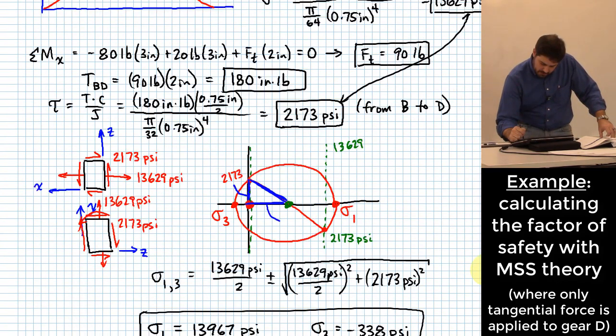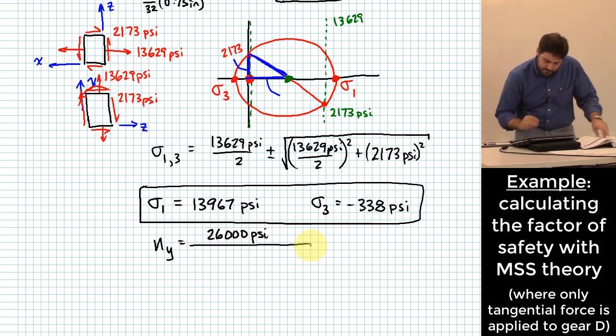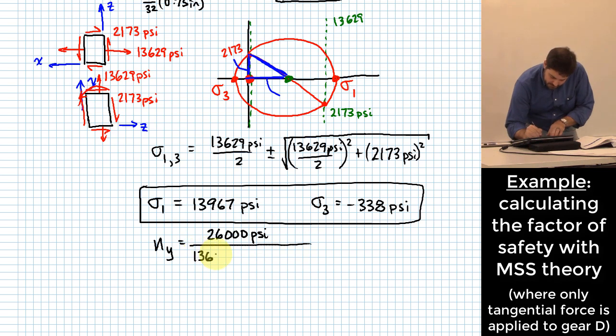Okay, so when I take that down here, 26 KSI is 26,000 PSI. I'm going to divide this by 967 PSI minus a minus 338 PSI.